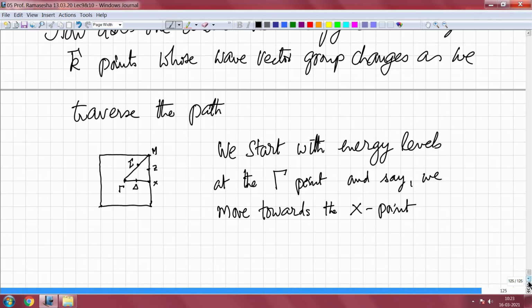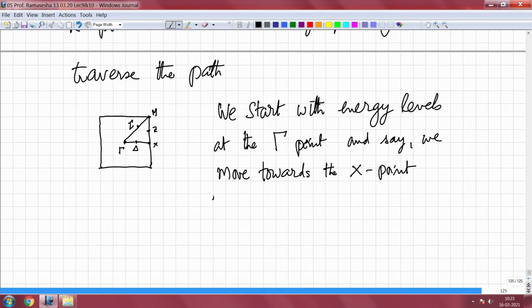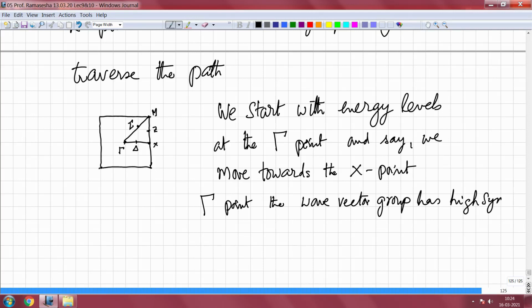The moment we leave the gamma point, which is a very high symmetry point, the wave vector group has very high symmetry, almost the full symmetry of the square, but the delta point has lower symmetry.